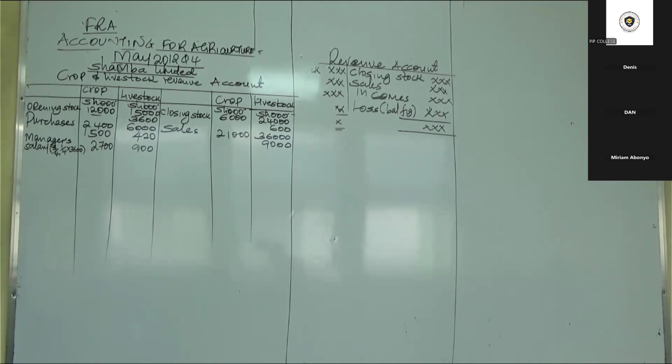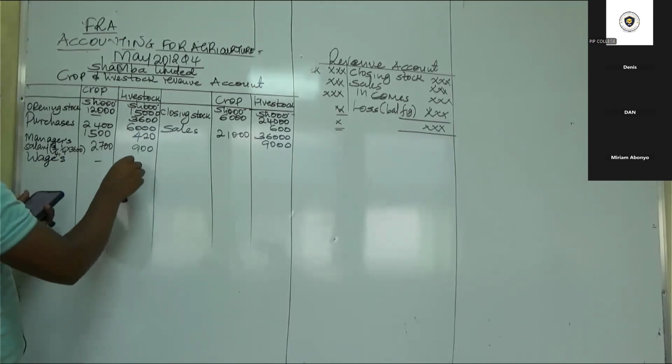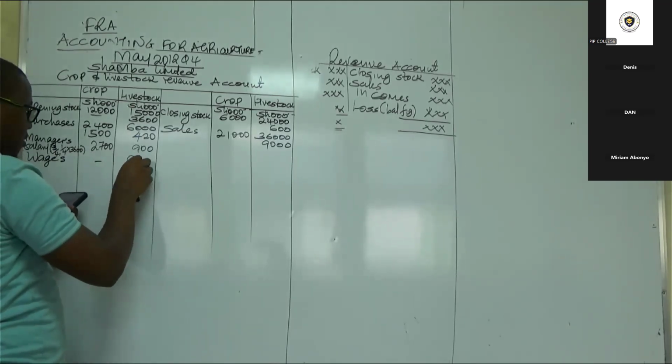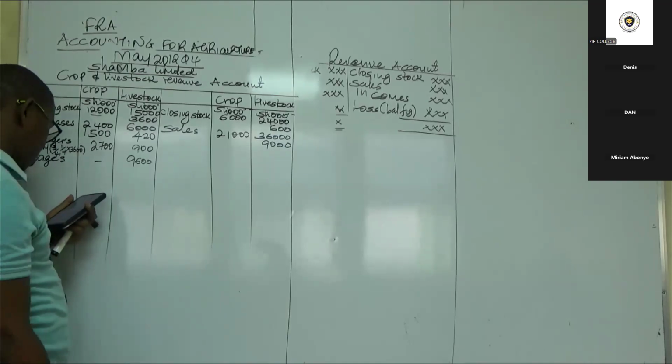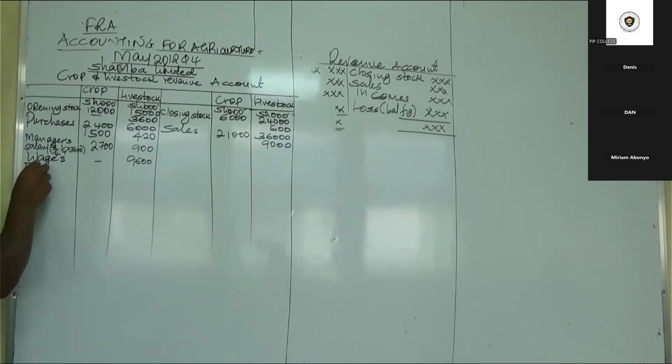We continue. From the trial balance again, I can also see we have the wages for livestock. This is wages for livestock only, which was, from the balances, 996. We also have other expenses there.